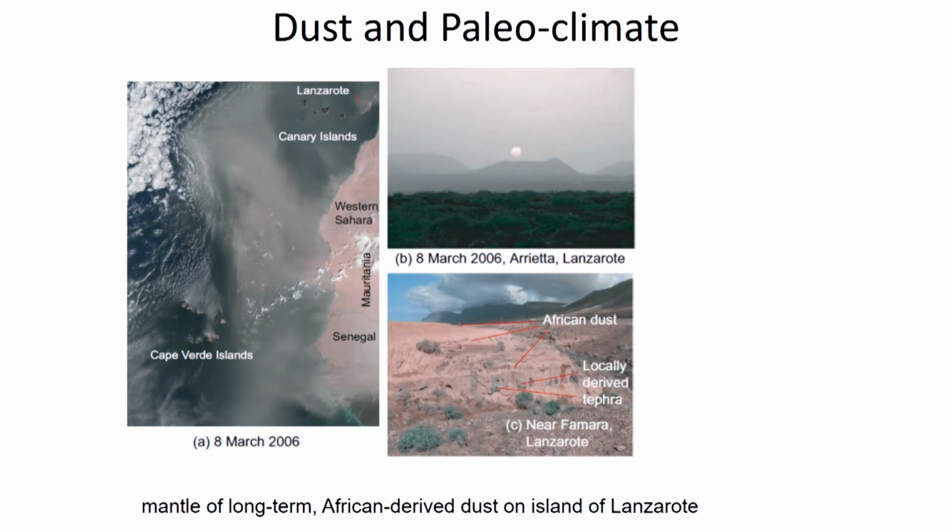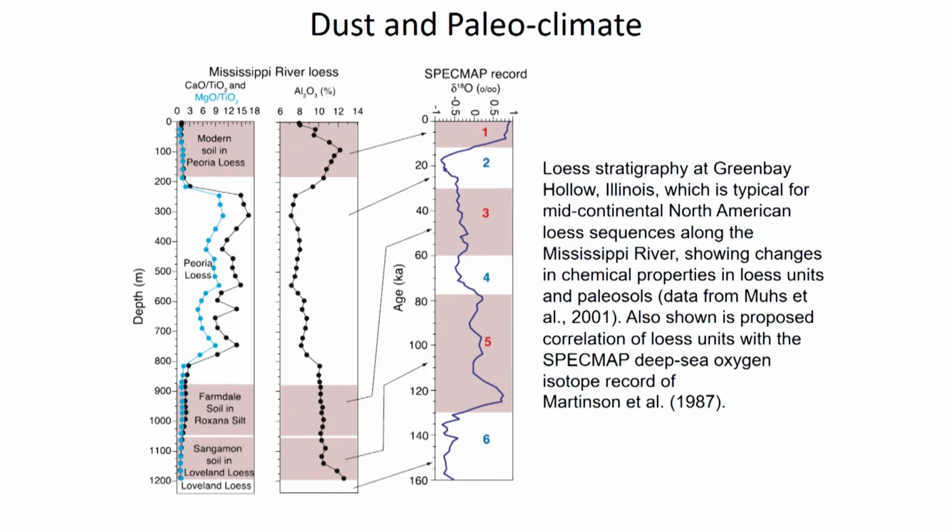Dust and paleoclimate: there is a huge connection between dust and paleoclimate, as well as air quality. So air quality is also impacted by this. This is very important for researchers, especially MSc and PhD students, how dust and paleoclimate are related. So here is given the delta 18O.